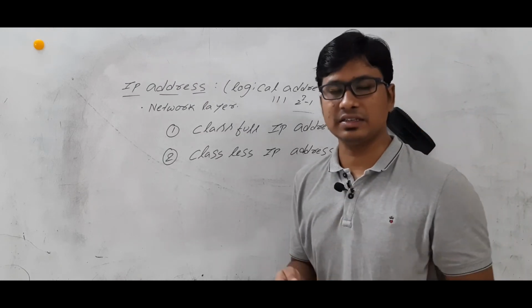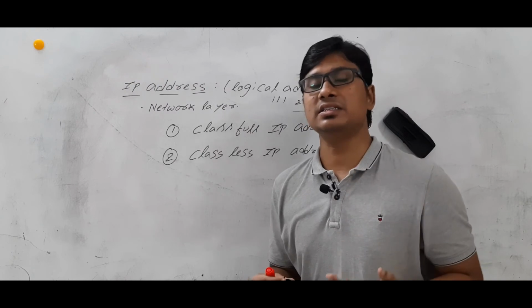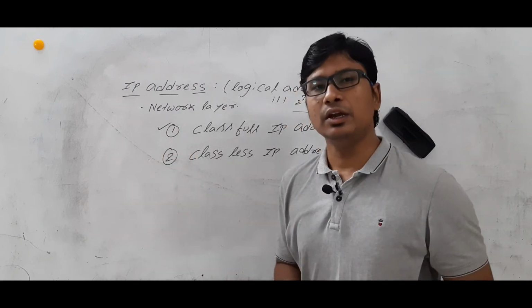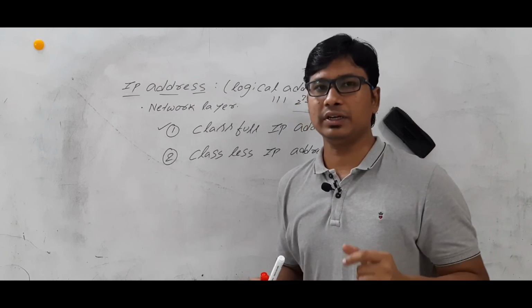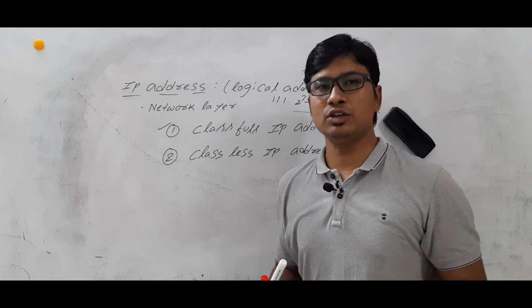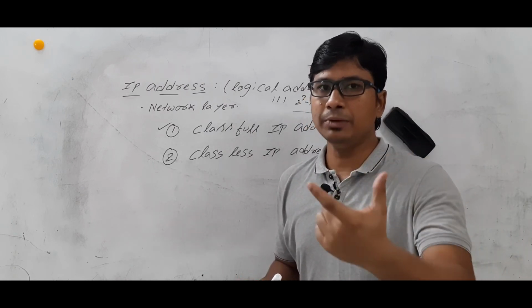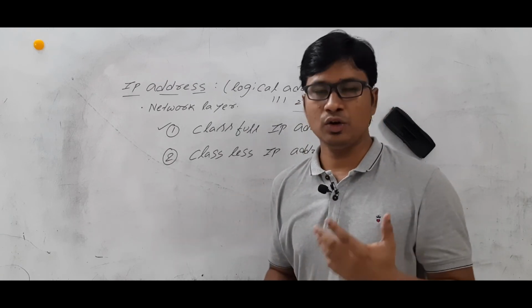We have class A, class B, class C, class D and class E. Totally 5 classes are there in classful IP addressing. If you can identify which class an IP address belongs to, then easily you can identify how many bits are allocated for the network ID and how many bits are allocated for the host ID.